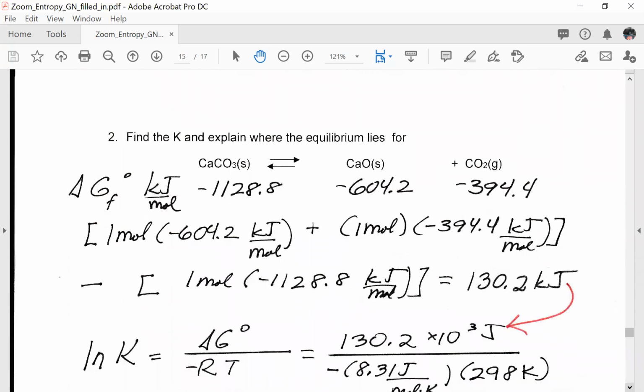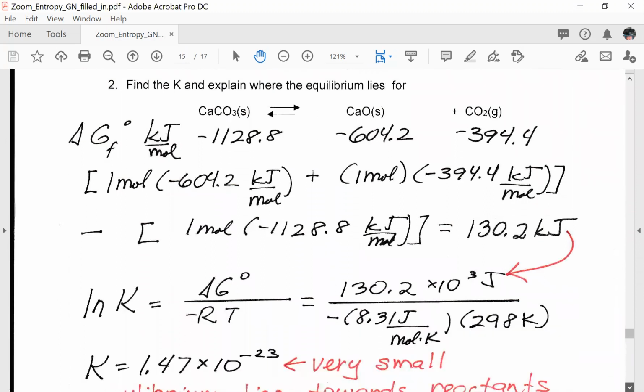Okay, so this question is asking you to find the K and explain where the equilibrium lies. So these are the delta G values. Calcium carbonate minus 1128.8. Calcium oxide minus 604.2. Carbon dioxide gas minus 394.4. They're all 1 to 1 to 1.